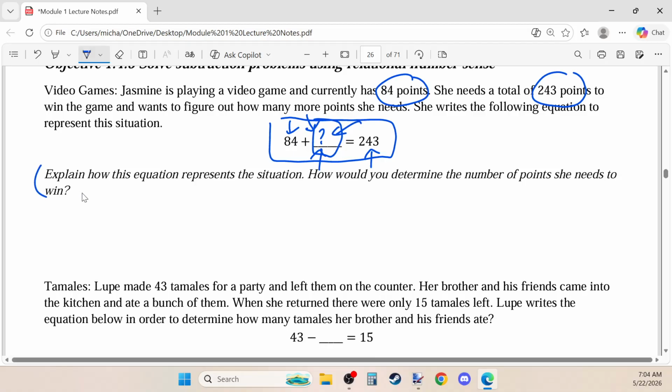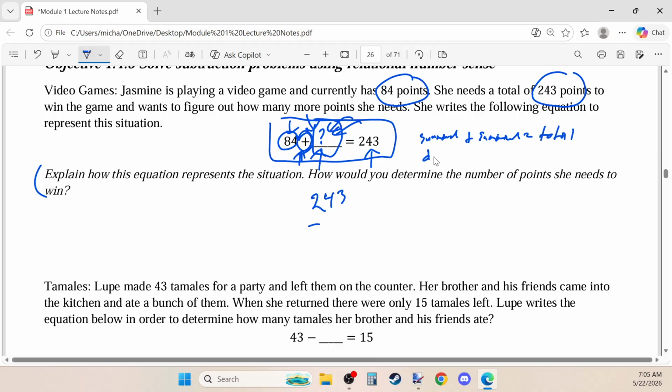Now, to solve this, though, if we want to undo addition so that we can figure out the missing number, we use the inverse, which is subtraction. I take my total, I subtract my summand. That's, by the way, when you add, you have a summand plus another summand equals a total.